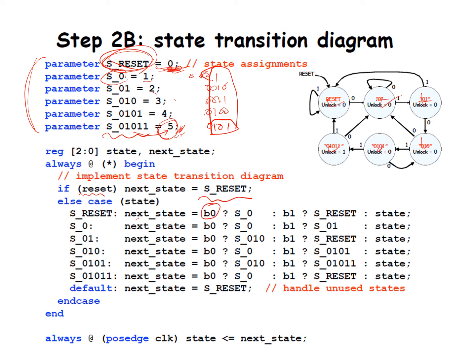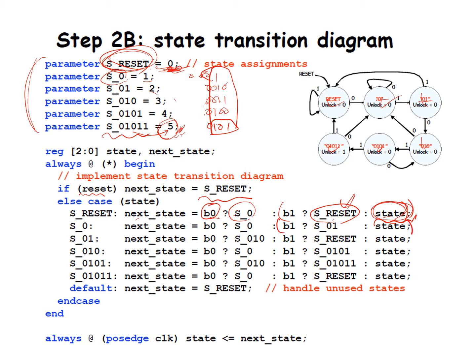If the input button B0 is asserted, then we go to the S0 state. Otherwise, we check again. If button B1 is asserted, then we stay at S0. Otherwise, for no cases, we assign the current state, so the state doesn't change, right? Next state will be assigned the state, right?